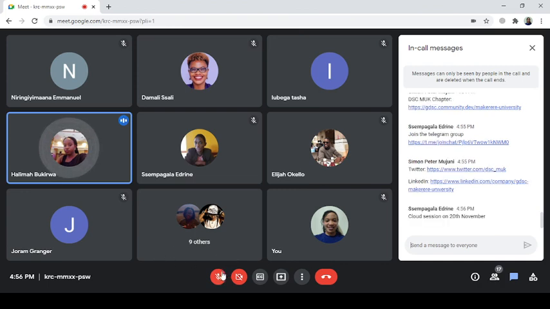All the teams that have registered will register their projects via the form that we'll be sharing soon. Yeah, the cloud session is on the 20th of November.